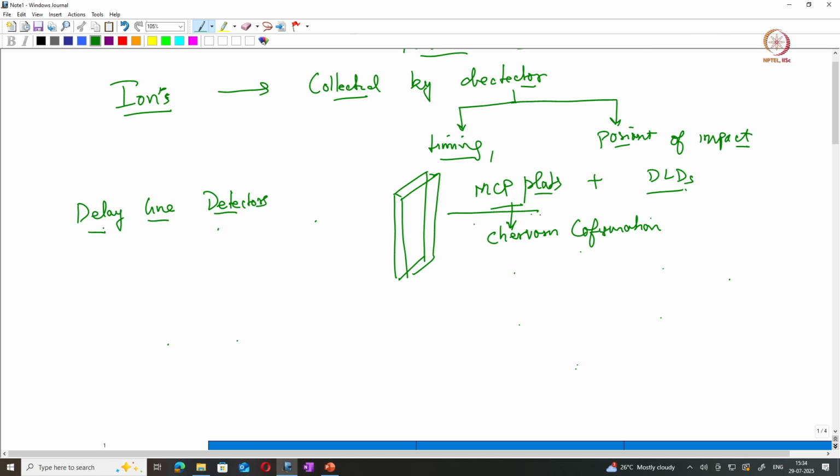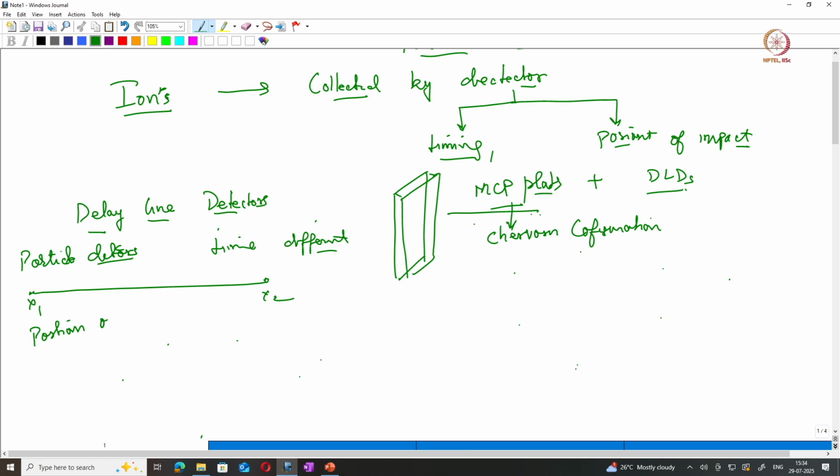As I told you, these are typically particle detectors that use the time difference of an electrical pulse while reaching the two positions x1 and x2, which are connected to the conductive wire. This is used to determine the position of the hit and also the timing.